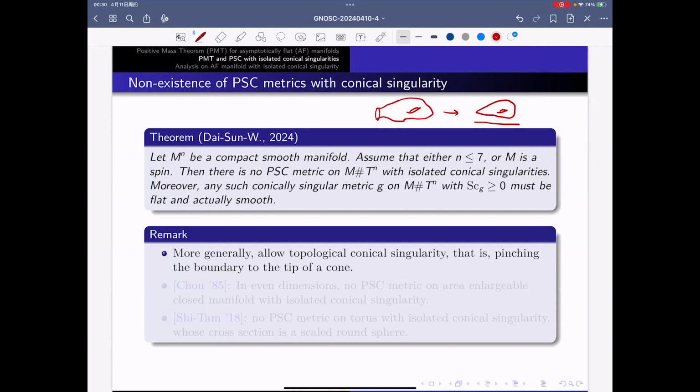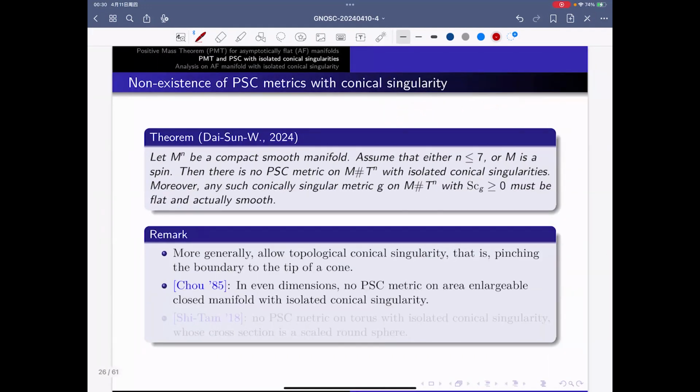So in even dimensions, Li-Su-Zhang extended Gromov-Lawson's work to the isolated conic singularity case, proving the non-existence of a positive scalar curvature metric on an enlargeable closed manifold with isolated conic singularity.